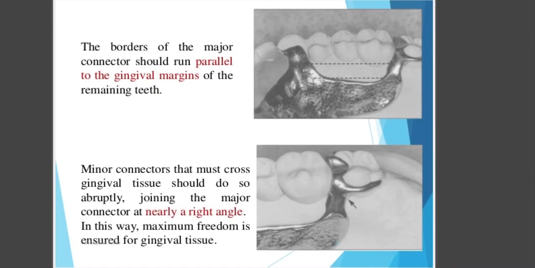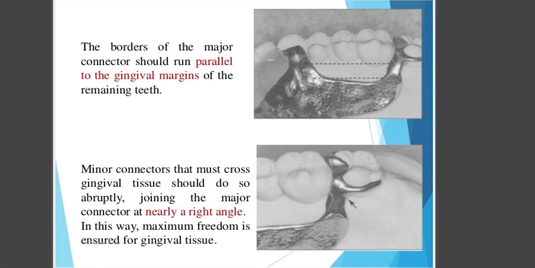Minor connectors that cross the gingival tissue should not abruptly join the major connector at a right angle. In this way, maximum freedom is ensured for the gingival tissue. The minor connector is an important component which connects the major connector with the clasp assembly, or you can say the direct retainer and indirect retainer.